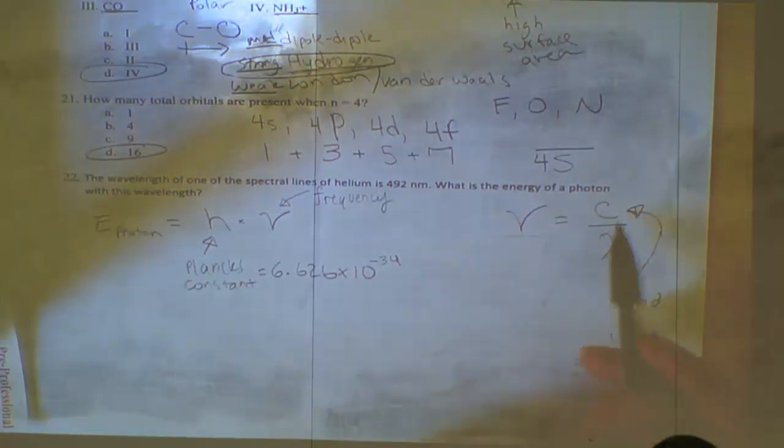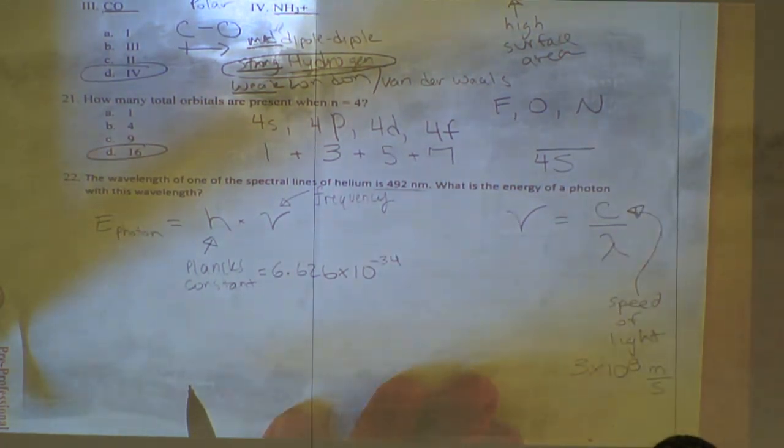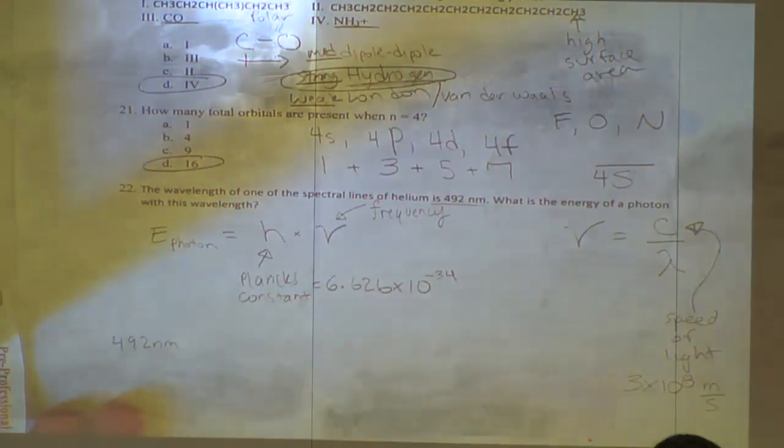Who wants to tell me? Meters per second. What did they give us our wavelength in? Nanometers. How can we mix meters per second with nanometers? You have to convert it from nanometers to meters. So 492 nanometers, we have to convert that.